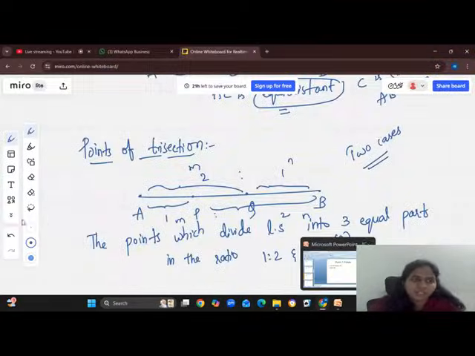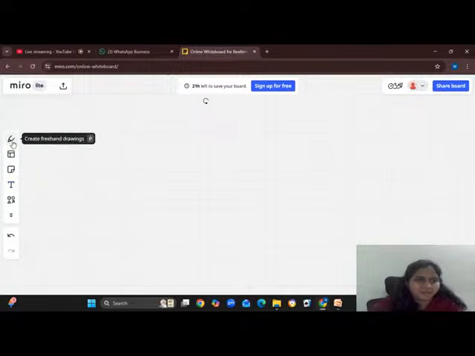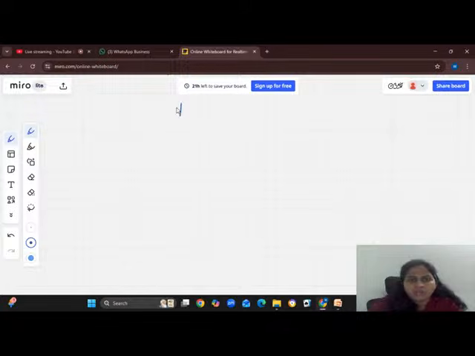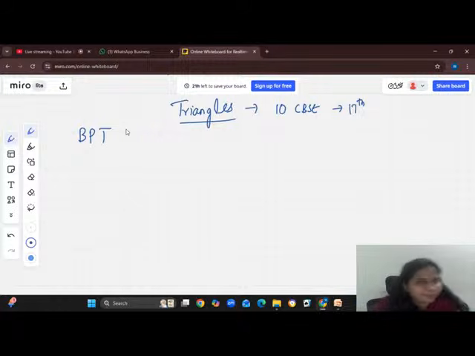BPT, basic proportionality theorem. So now let us see triangles. In class 10 CBSE, which we are going to write on 17th, the first foremost thing is the BPT theorem.